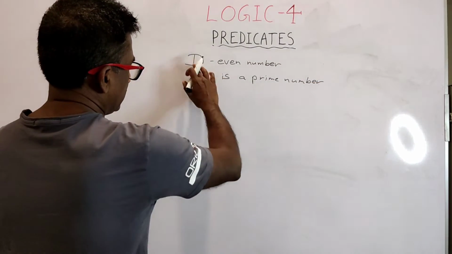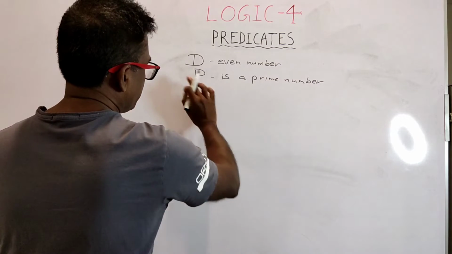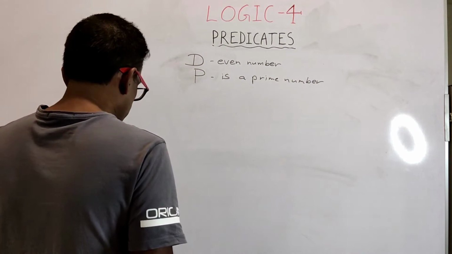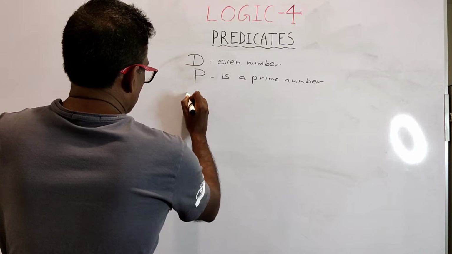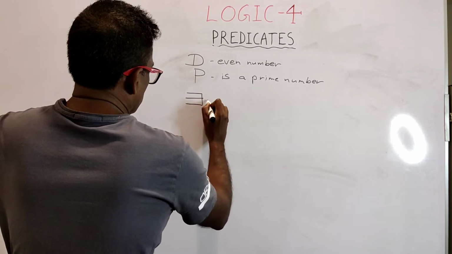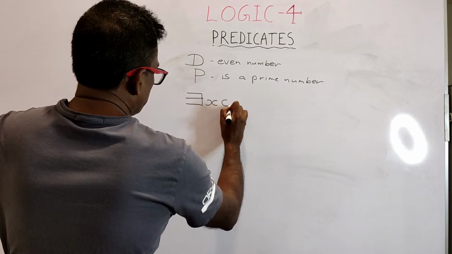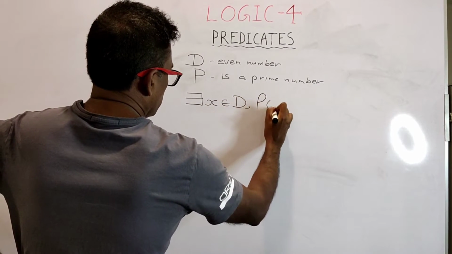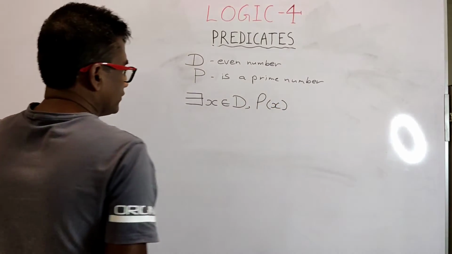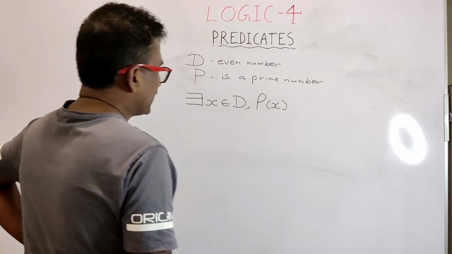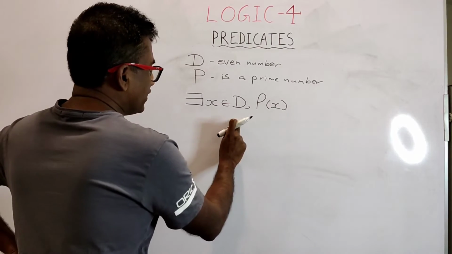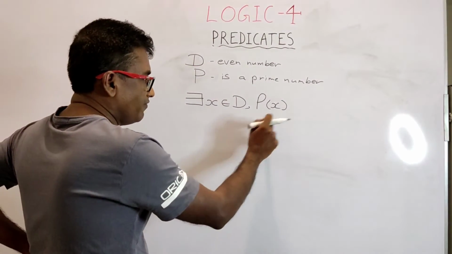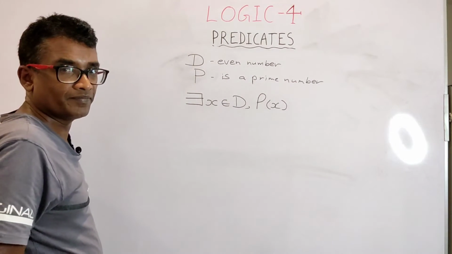D is a set of even numbers, the property is being a prime number. So when we say there is an x which belongs to D, P of x, that means there is an even number which is a prime number.